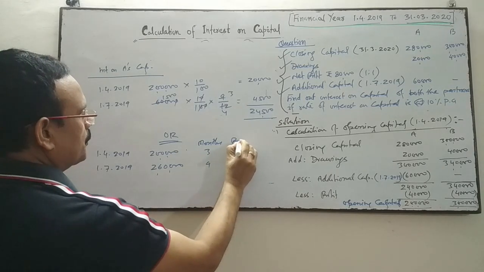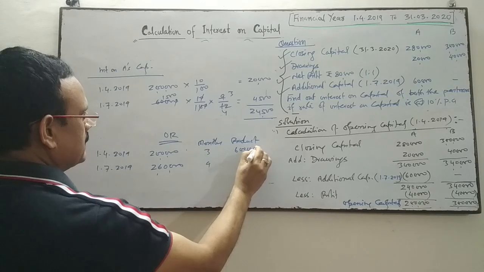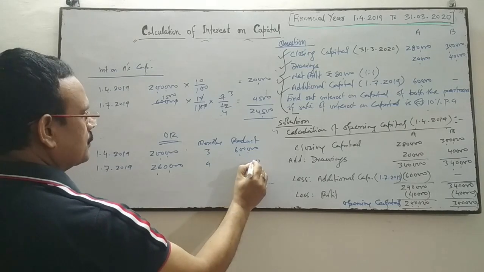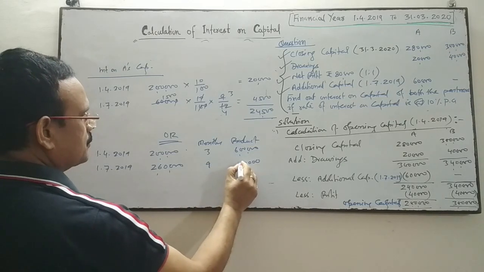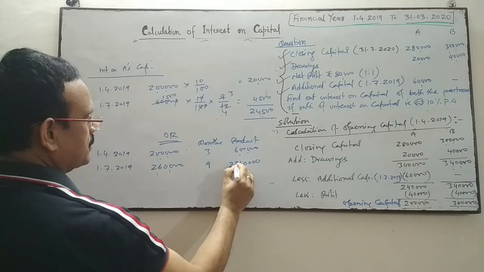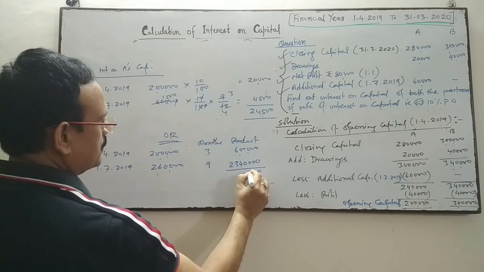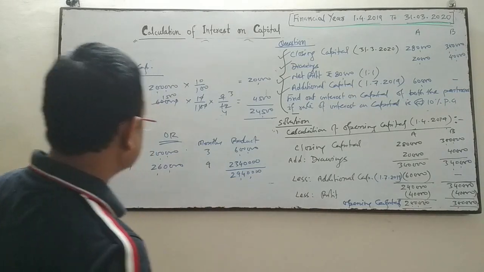Then we'll do the product. So this is 6 lakhs and this is 0, 0, 0, 0. 29,40,000.